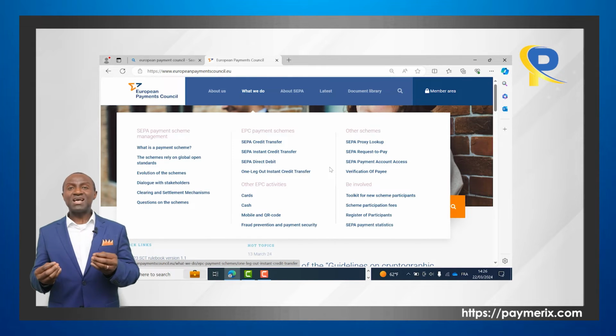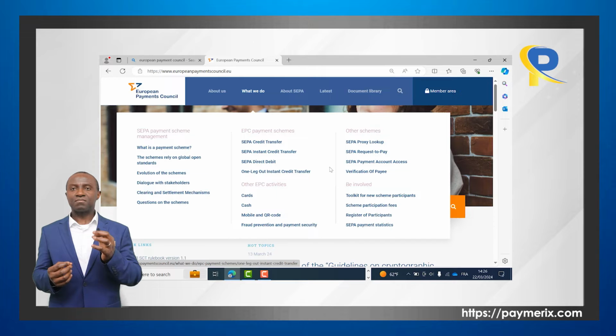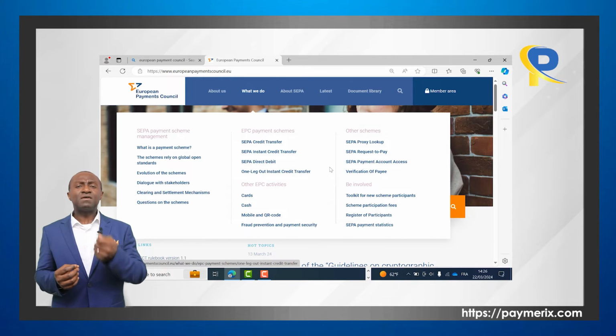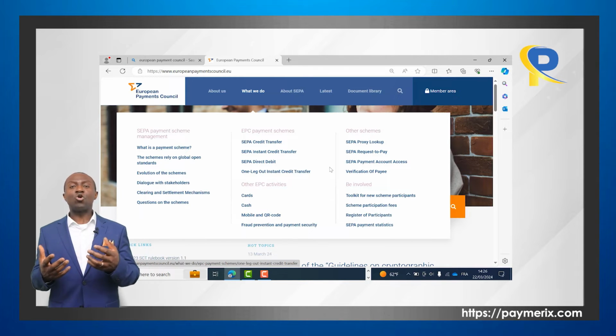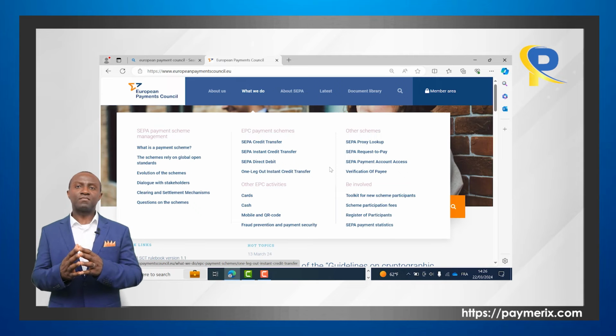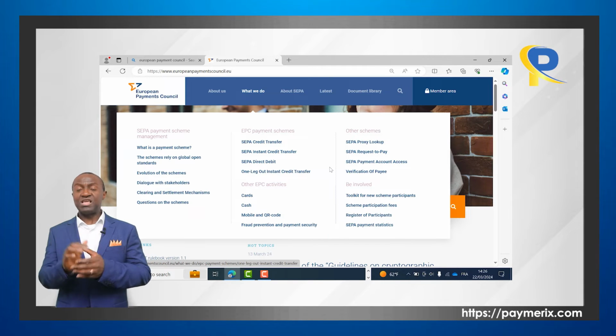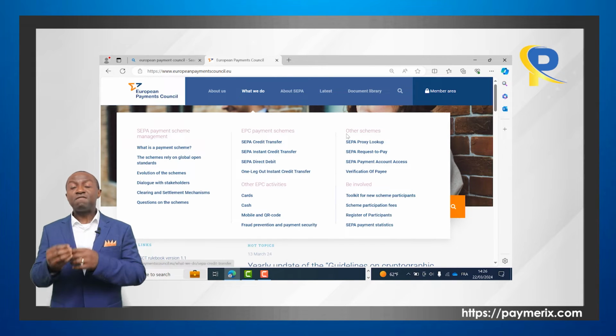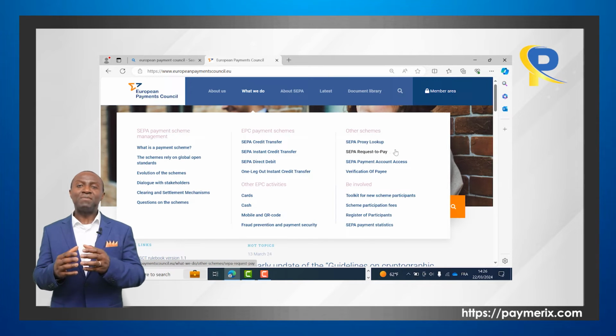The other schemes are not payment schemes. They are not used to move funds, but have been developed to facilitate or complete payment flows. So we can see them as services around the payment. There are 4 of such schemes. 3 of them are fully developed: the SEPA proxy lookup, the SEPA request to pay, and the SEPA payment account access schemes.